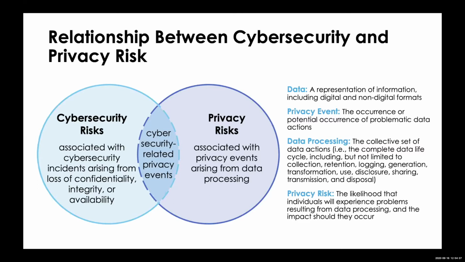So this could be a situation, for example, where data gets in the hands of a bad actor that uses it for identity theft. So certainly we do have privacy risks that are related to cybersecurity risks, but then we believe that there are privacy risks that kind of stand alone, so to speak, outside of what would be traditional cybersecurity risks.